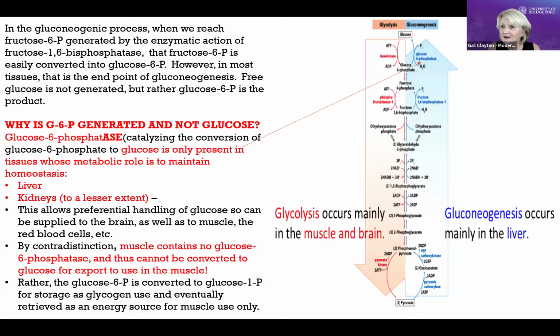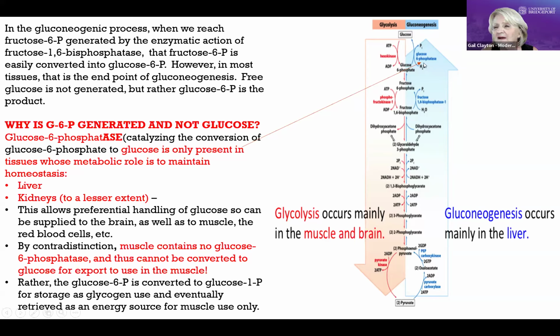Well, since gluconeogenesis occurs in the liver, the liver is the metabolic hub, okay? It's going to control glucose throughout the whole body, okay? And so the liver has an enzyme called glucose 6 phosphatase.